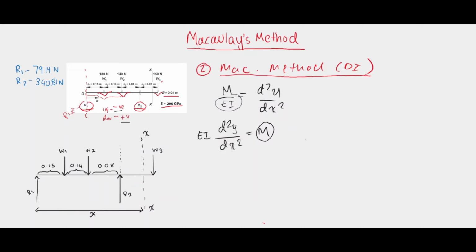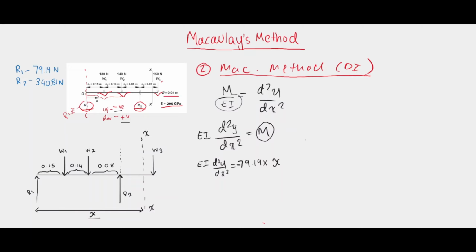The first one is R1, and R1 acts upwards, so it will be negative. So we can write EI d squared y over dx squared is equal to R1, which we know is 79.19, times the perpendicular distance between R1 and x, which we take as pivot, and that is x. So times x.